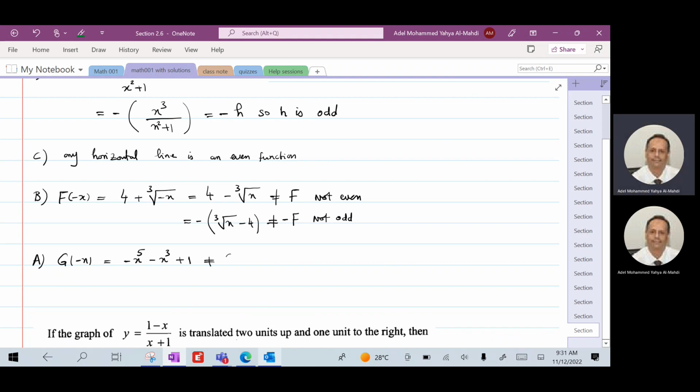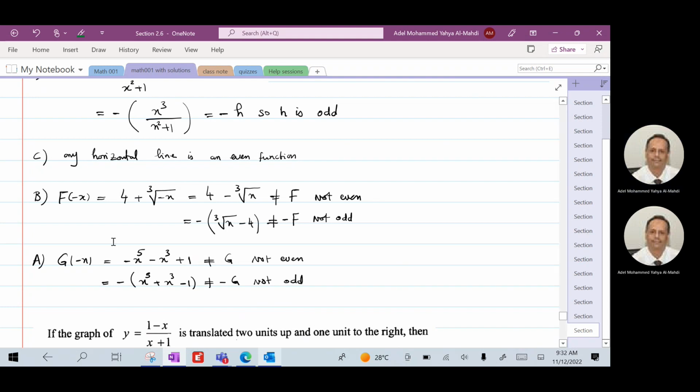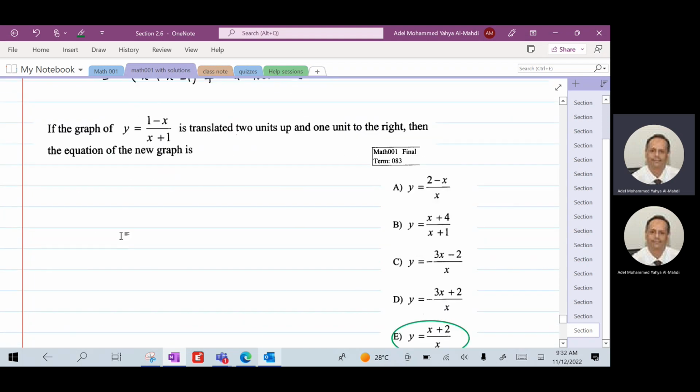And this one is not the same as J, so it is not even. We will take minus common and see, is it the same as minus J or not? It is not the same as minus J, so it is not an odd function. Okay. I think this one is the last example.